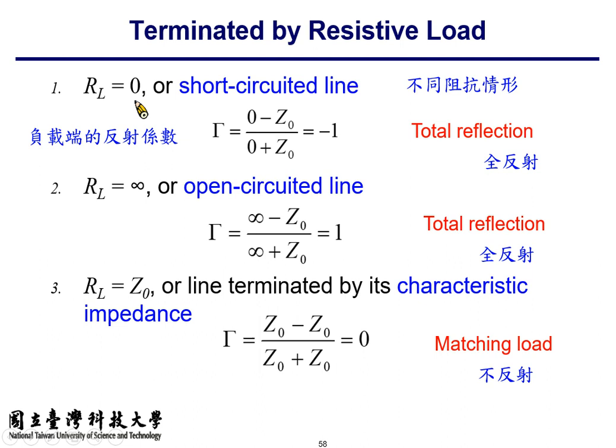Now, the third extreme case that we will look into is the load resistance R_L equal to Z sub 0, equal to the characteristic impedance of the transmission line. This is a special case of a matching load, 匹配负载.